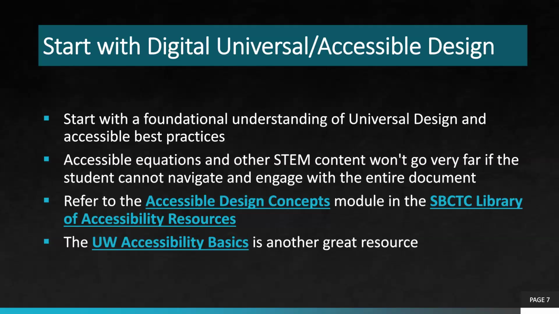We're going to cover those on the next slide. The second resource is from the University of Washington. They have a lot of great guidance as well on their IT accessibility web pages. The link I provided you is the UW Accessibility Basics. They're going to give you a lot of the same content that you can find in the SBCTC micro courses as well.